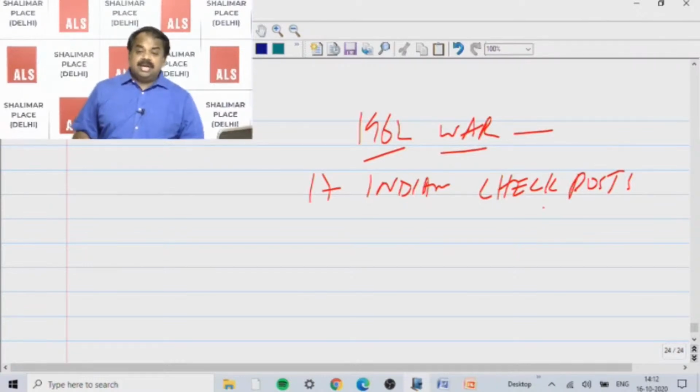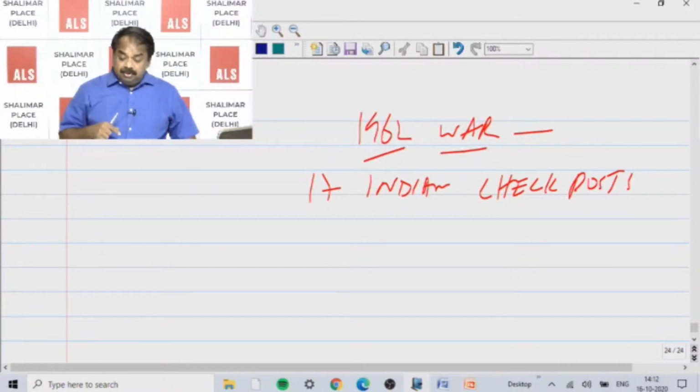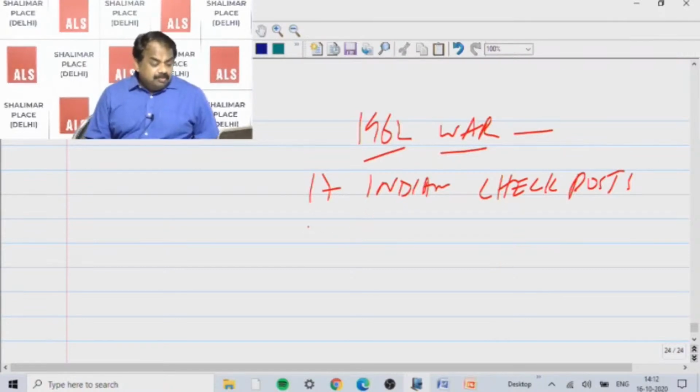And after the war, in 1969 or so, India withdrew 16 out of 17 except Lipule.